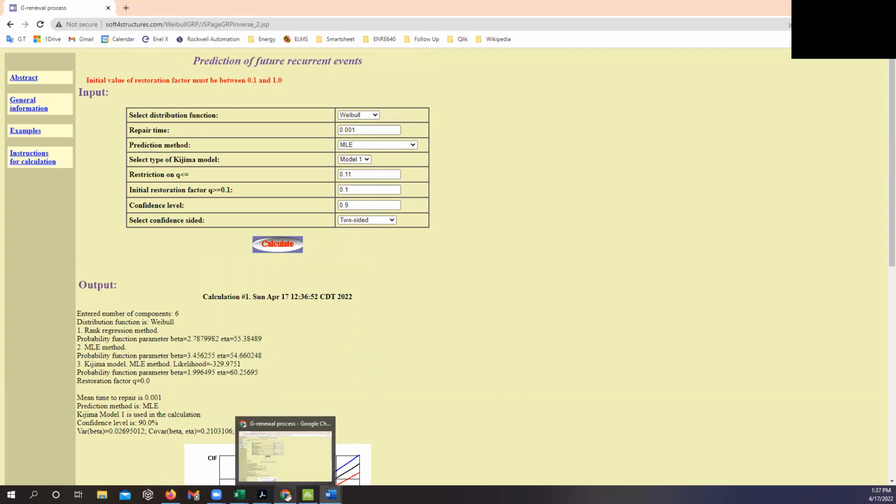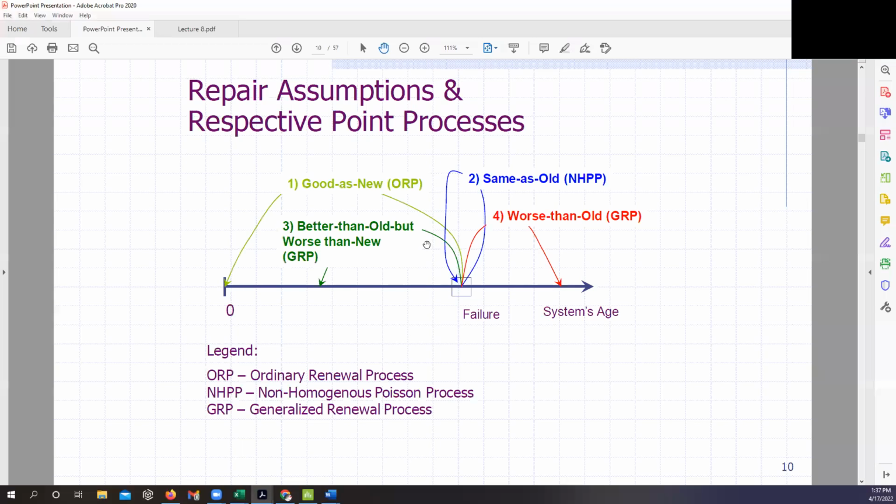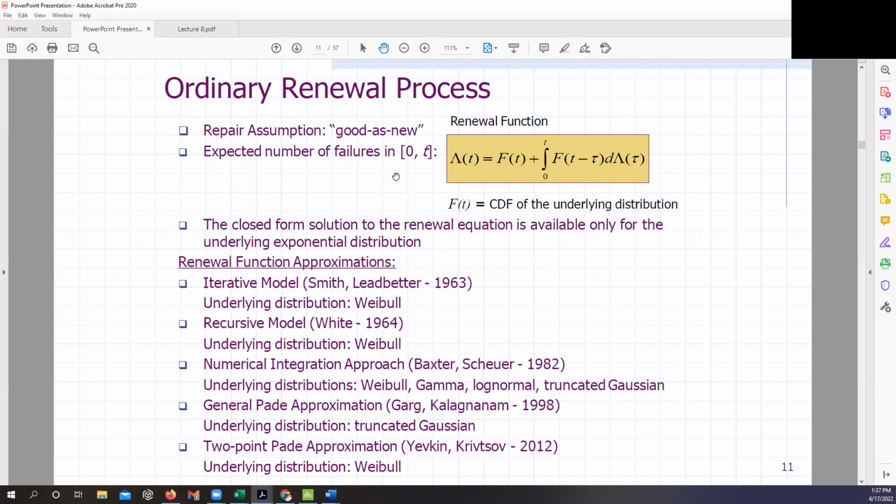Let's go here to the slide again. This is slide 11, lecture 7. It talks about the ordinary renewal process. And I remember when the professor was talking about it, he said that the MCF has 2 different terms. The first term is your CDF for the underlying distribution, which we call TTFF, time to first failure.